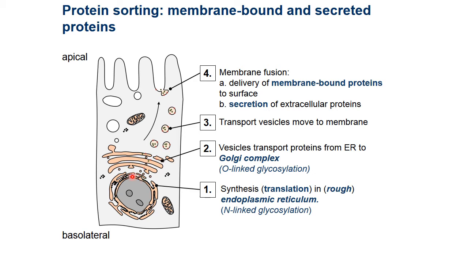So the inside of the endoplasmic reticulum will contain the proteins that are going to be secreted, and the membrane proteins will be inserted in the membrane of the endoplasmic reticulum.